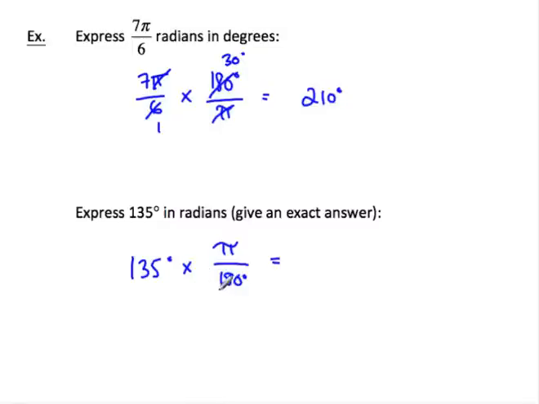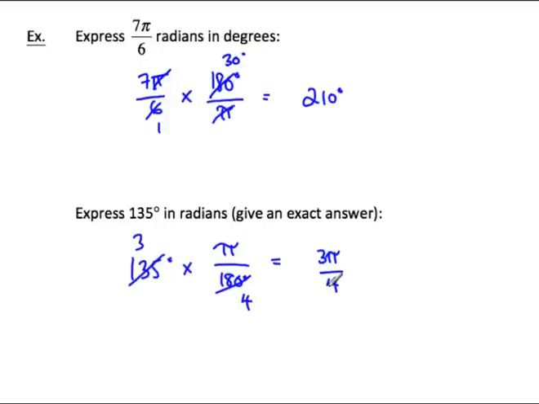So the greatest common factor of 180 and 135 is 45. That's going to go into 180 4 times, go into 135 3 times, and now when we multiply across, we get 3 pi over 4. So 135 degrees is equal to 3 pi over 4 radians. And if you couldn't see that immediately, you could cancel things out bit at a time until you got down to 3 and 4. The more you practice with these, the quicker and more adept you'll become at them.